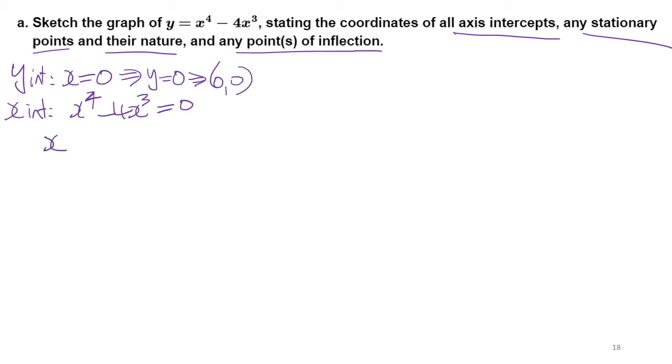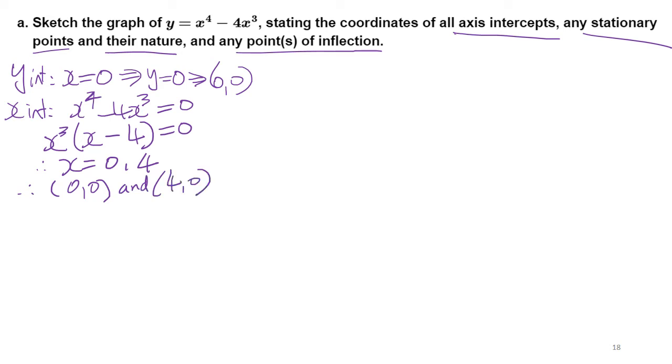It will be x cubed, times (x take away 4) equals 0, therefore x equals 0 or 4. So the x-intercepts would be at (0, 0) and (4, 0). Easy enough.